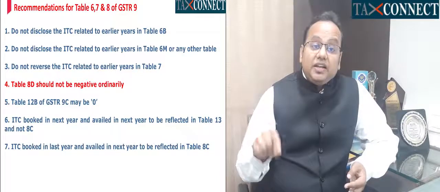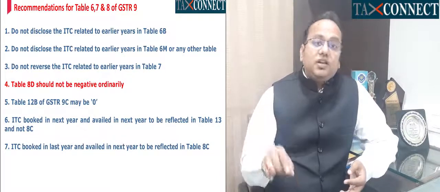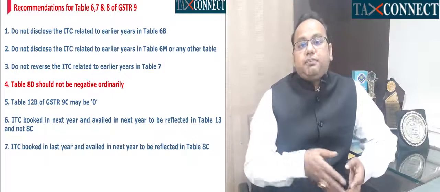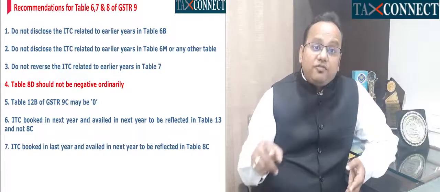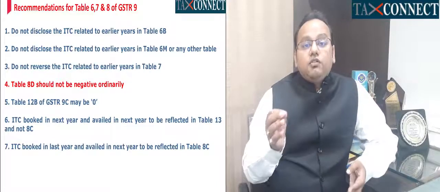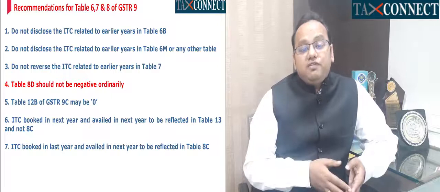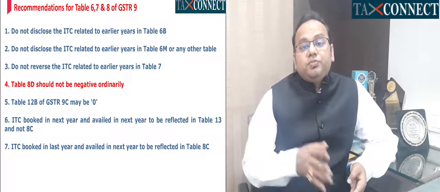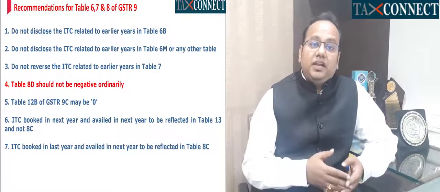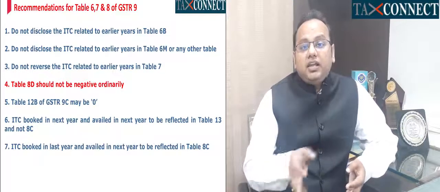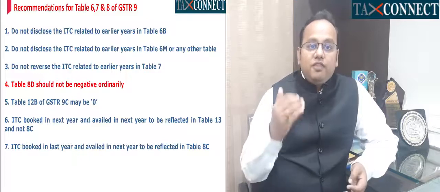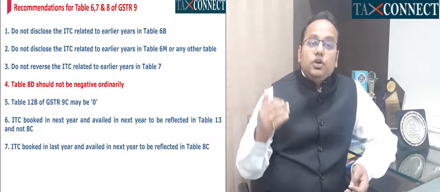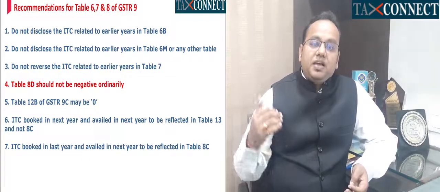Mind that ITC which you have booked after 1st April 2020 and the credit also availed after 1st April 2020 would not be reflected in 8C. It would be reflected in table number 13 of GSTR 9. Therefore, now you can compare apple to apple.